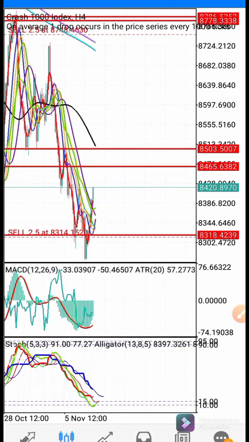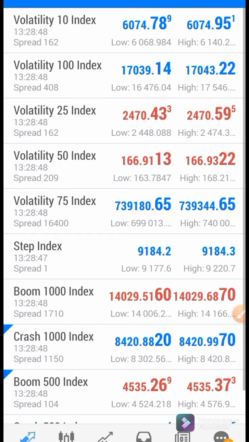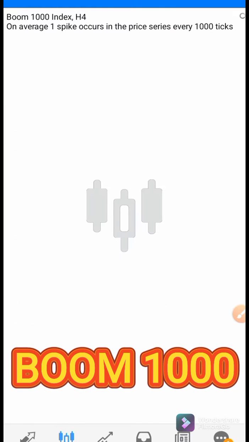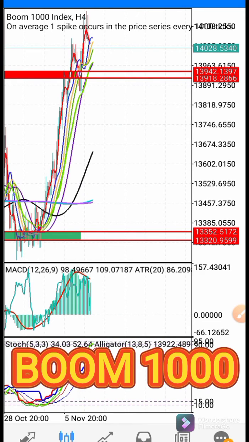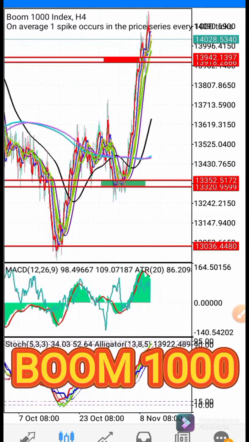So the next one, let's check Boom 1000. I told you Boom 1000 broke out. You can see I was in a massive trend, but I took some profit last week. We have capped these highs, even this breakout.